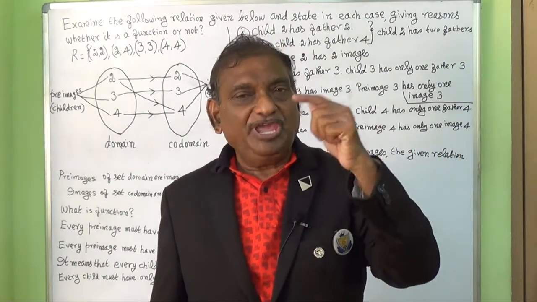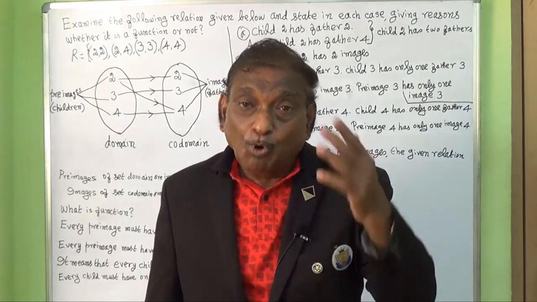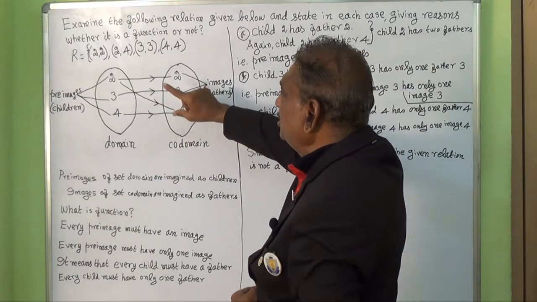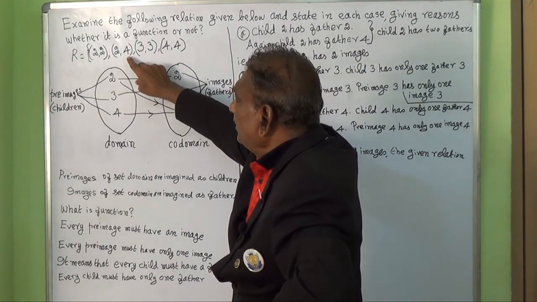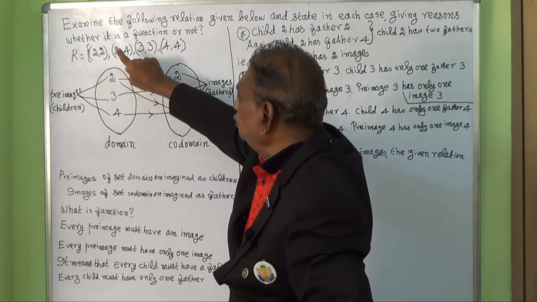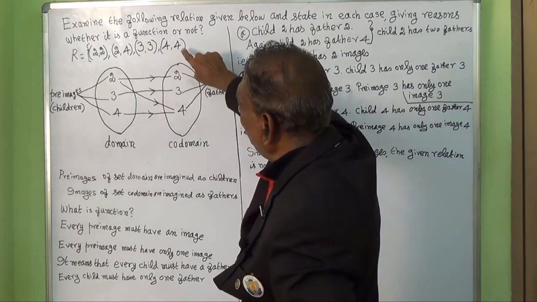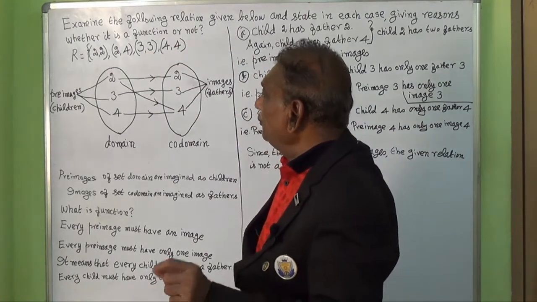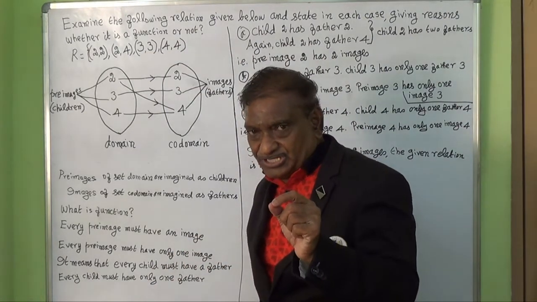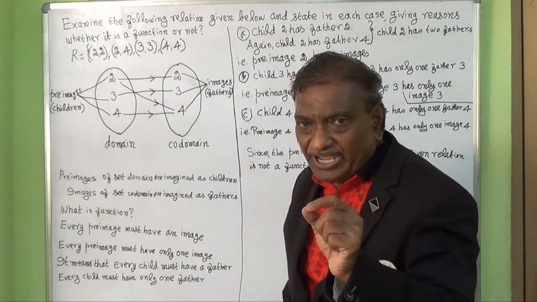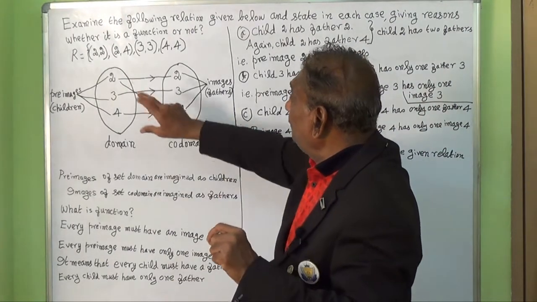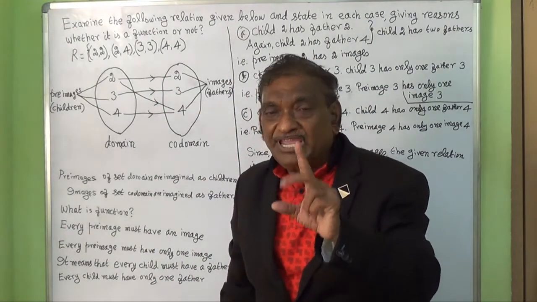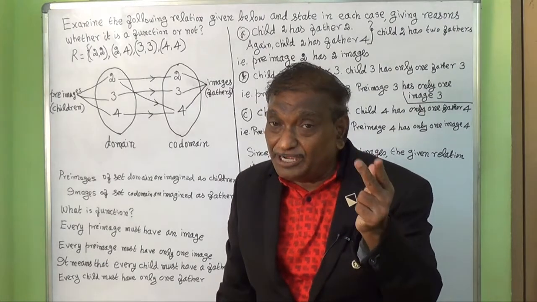So one image may have more than one pre-image. In this case, you can notice this fact. Father 4 is having the child 2, and the same father 4 is having the child 4. So in this case, the image 4 is having two pre-images. That is, one father 4 is having two children.